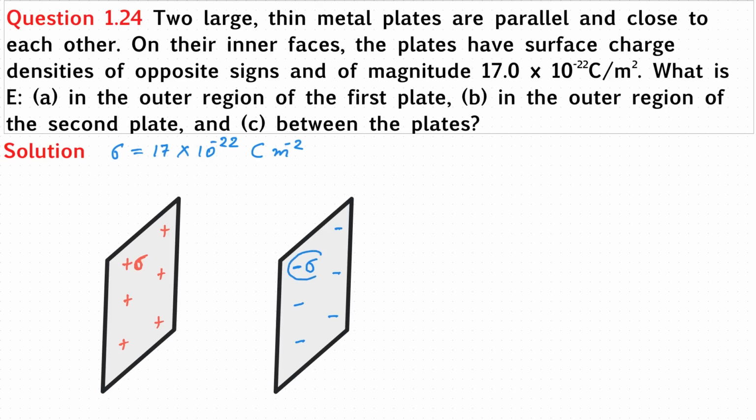This is minus sigma and here is plus sigma. So this one is our first plate and this is our second plate.